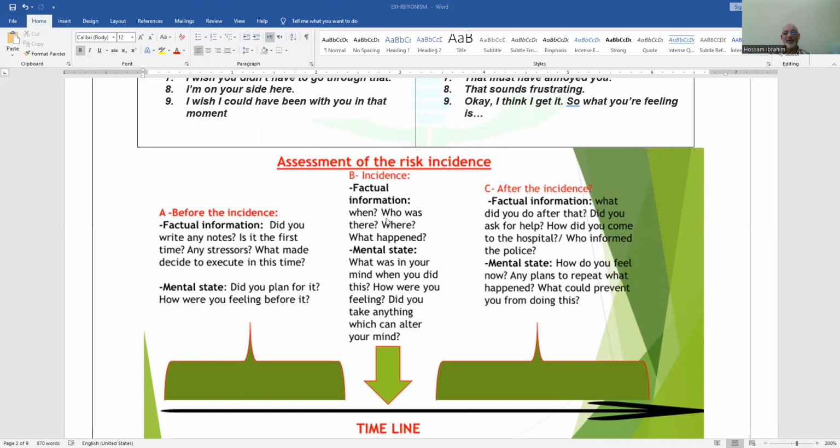For example, in the incidents, you want to check factual information like when did this happen, who was there, where, what happened exactly, and the mental state of the patient, like what was in your mind when you did this, how were you feeling, did you take anything which can alter your mind, like alcohol. And likewise, you assess what happened after the incidents and before the incidents.